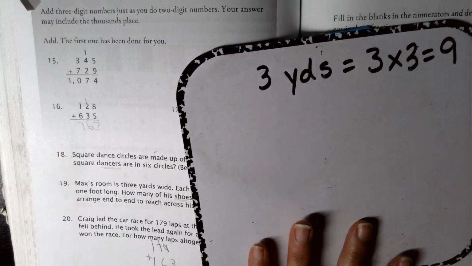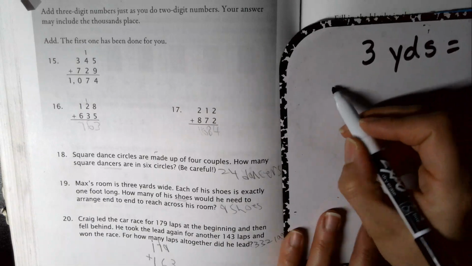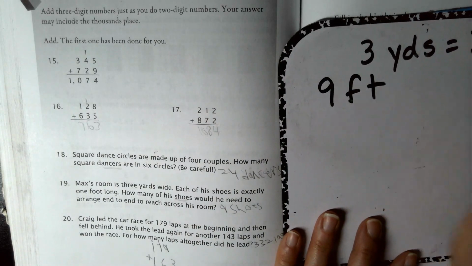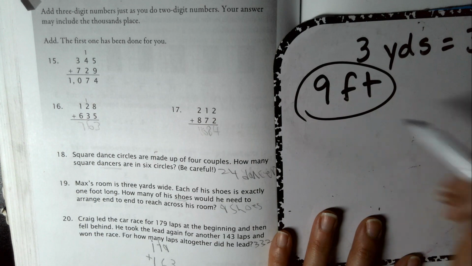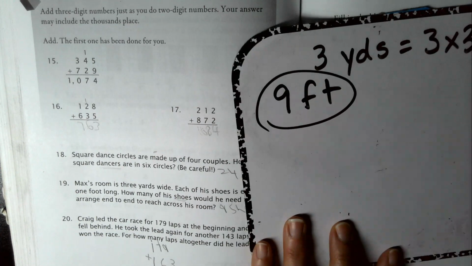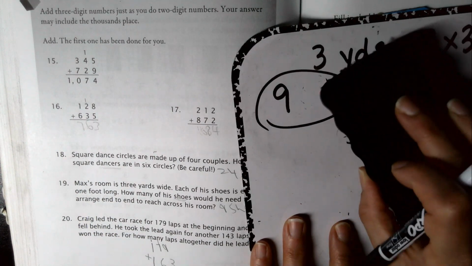So that is 9 feet altogether, how wide Max's room is. If each of his shoes is exactly 1 foot long, how many shoes would he be able to arrange? 9 shoes, not feet though. 9 shoes.